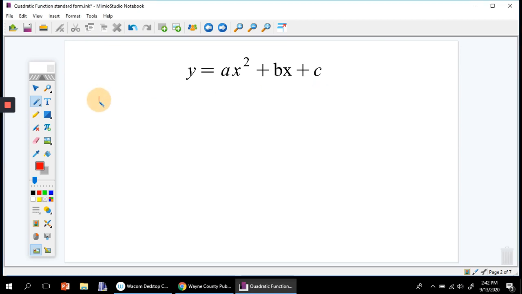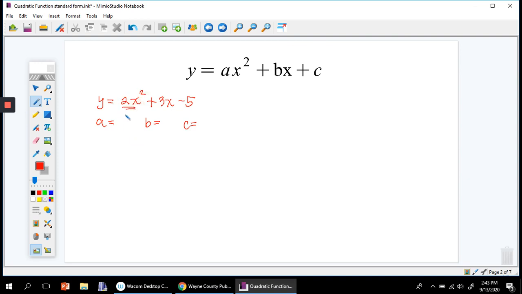So let's say you have y is equal to 2x squared plus 3x minus 5. Let us identify your a, b, and c. Remember, a is the coefficient of x squared. So your a here is 2 because your x squared is here.